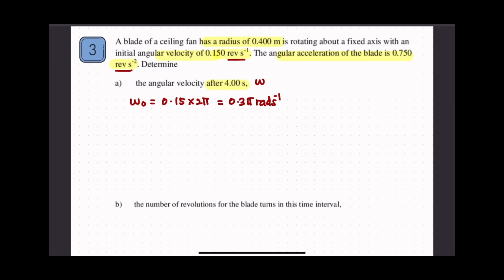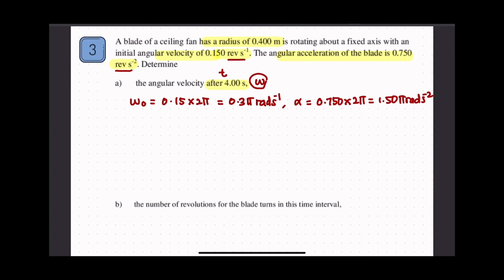And then for alpha, alpha given is 0.75 times 2 pi, so we get 1.50 pi radian per second square. Okay, so now we have changed omega and alpha to SI units. So determine the angular velocity using a formula. We have omega naught, we have alpha, we want to determine omega, and the given is time.